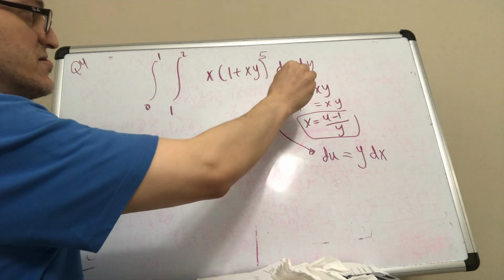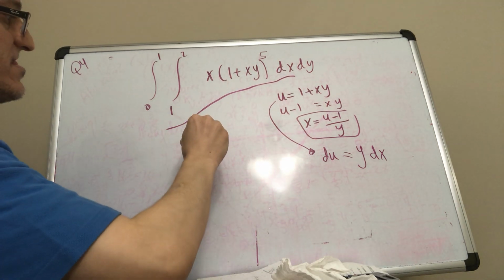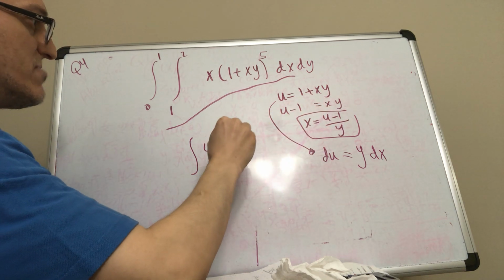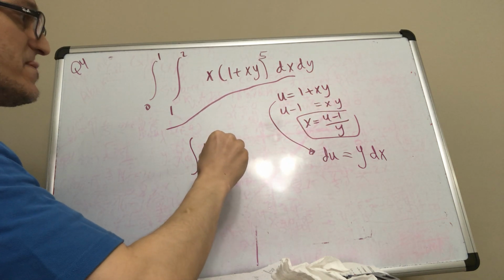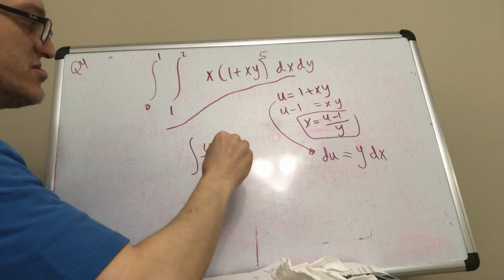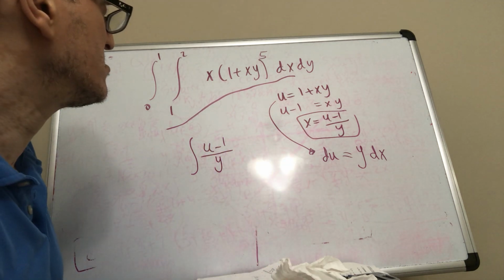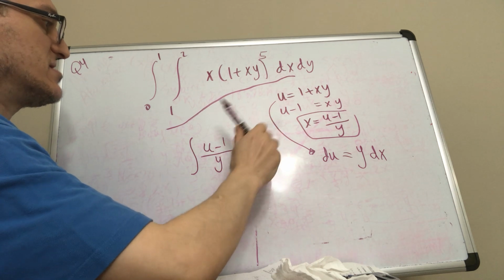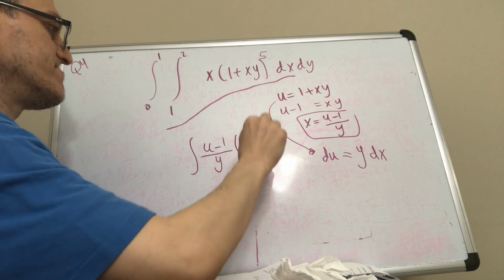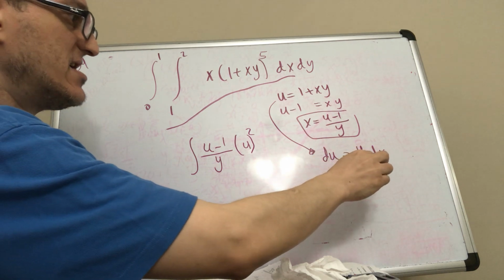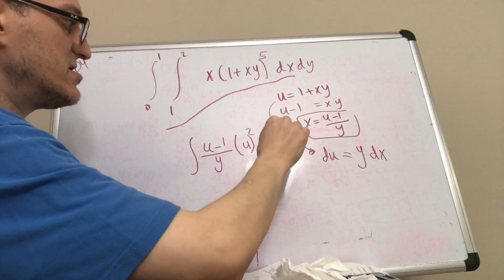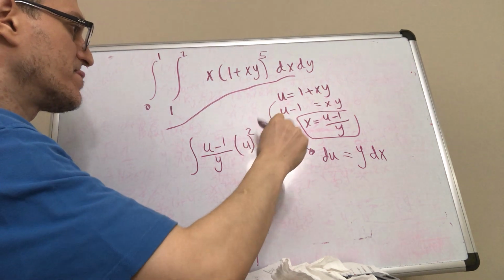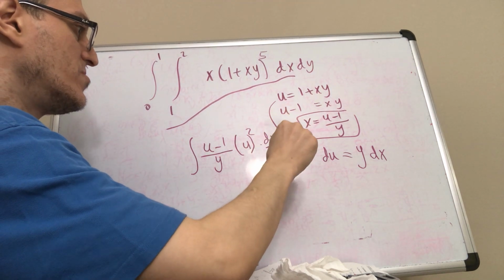So if I only do this part, instead of x, I'll use u minus 1 over y, which is a constant in this case. The inside, I'm calling u, so that's u to the 5. And dx, which is this one, is du over y.